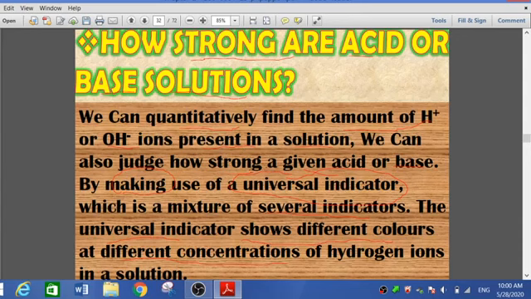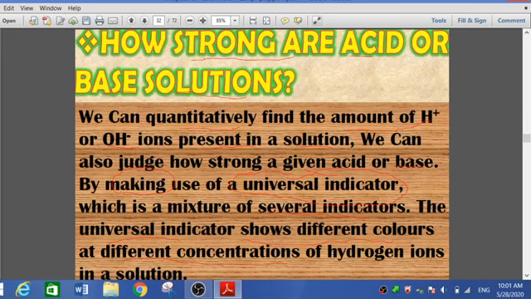Another method is by making use of universal indicator, which is a mixture of several indicators. Universal indicators show different colors at different concentrations of hydrogen ion in solution.